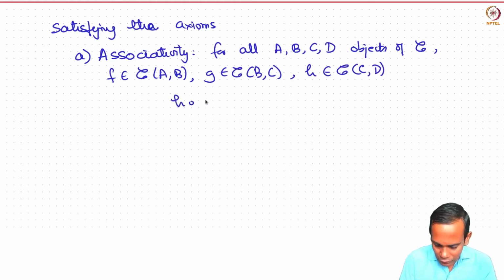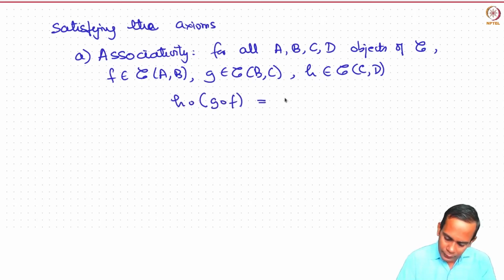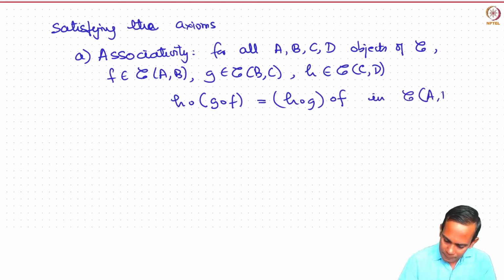You can take H composed with G circle F, or you could take H circle G and then circle F. So these should be equal, and this is an equality in C(A,D).